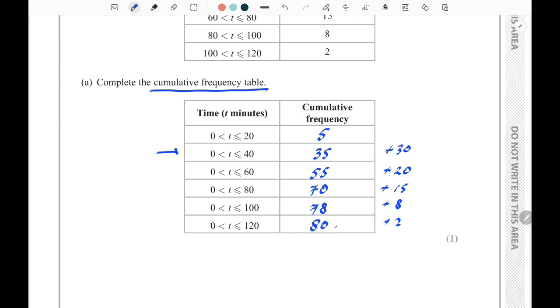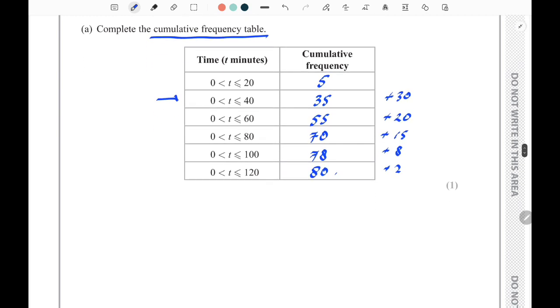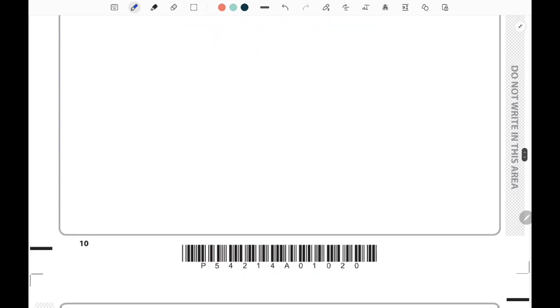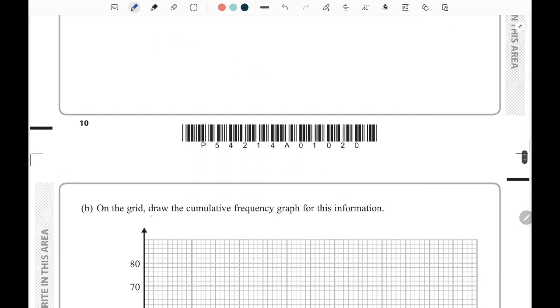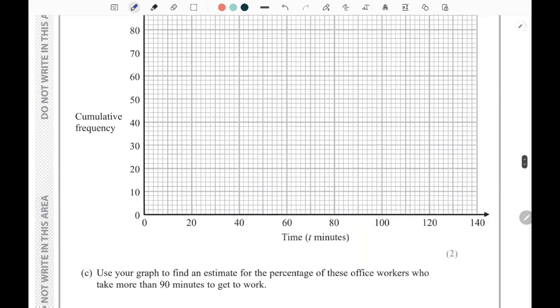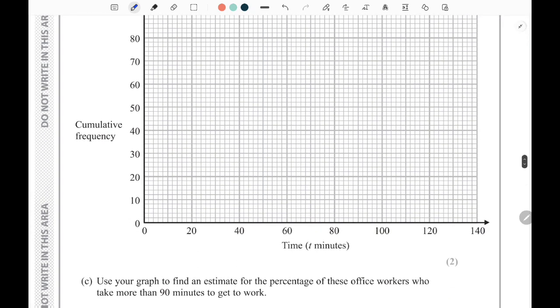All right. So the next thing they want you to do from those values is to draw a cumulative frequency graph. Remember the brackets that we had were 0 to 20, 20 to 40, 40 to 60, etc. When you plot a cumulative value, you must plot it for the end of the bracket.